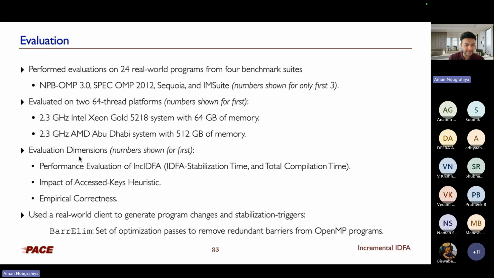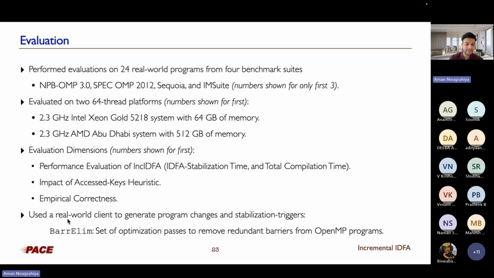The evaluation dimensions were the performance evaluation of Inc IDFA, which is about IDFA stabilization time and its impact on the total compilation time. Then what is the impact of the accessed keys heuristic and also the empirical correctness of the final generated solutions. And in order to make sure that we are not running any synthetic experiments, we used a real world client to generate program changes and stabilization triggers.